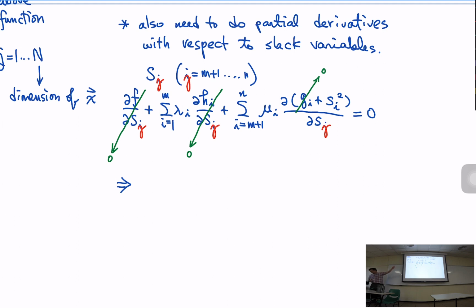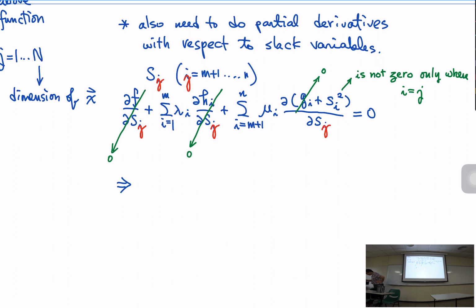So when will s_i have something to do with s_j? Only when i equals j. So this part is not 0 only when i equals j, so only the jth term is not 0.